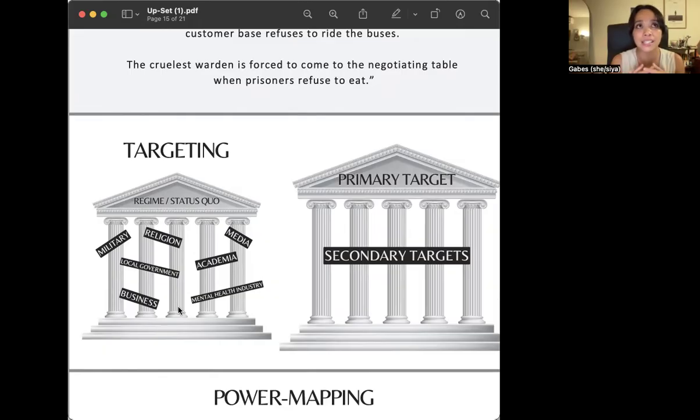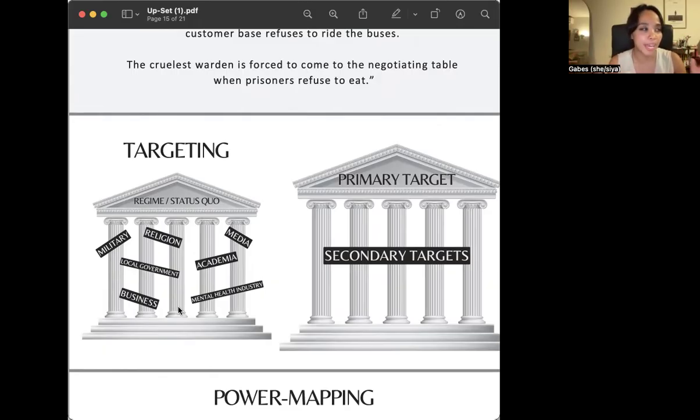When we say dismantle empire or dismantle oppression, oppression is such a broad thing. There are so many institutions and entities and procedures under the bigger, broader idea and reality that is systemic oppression.